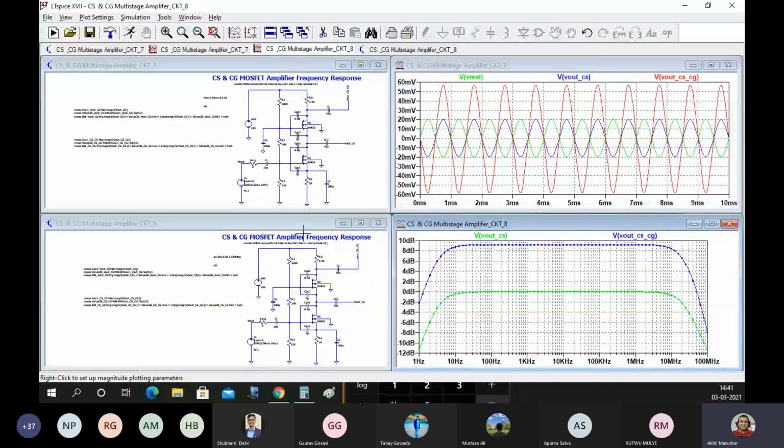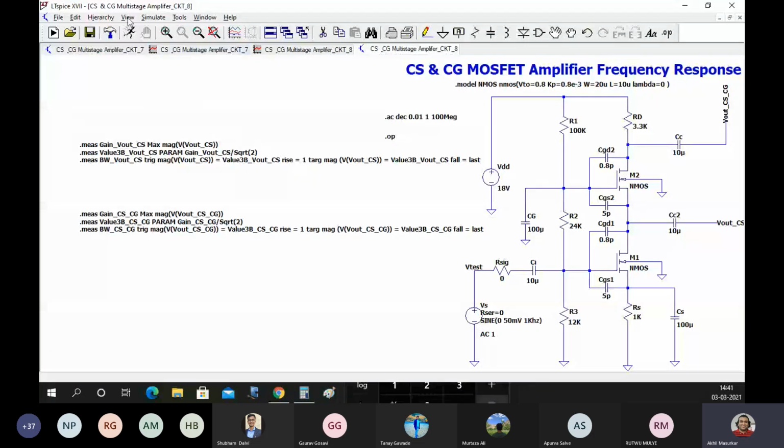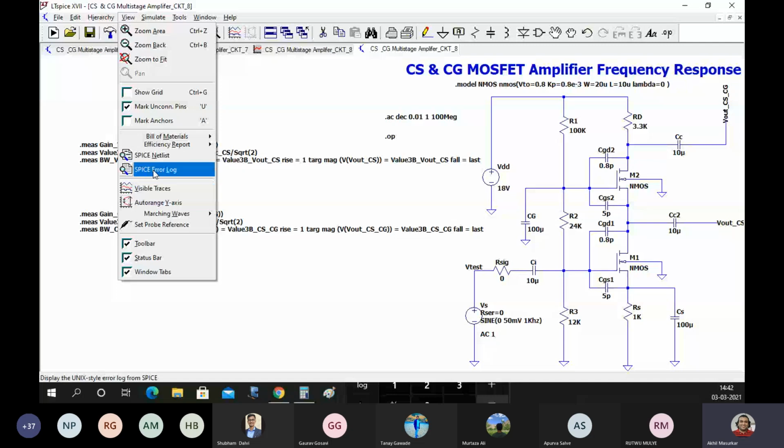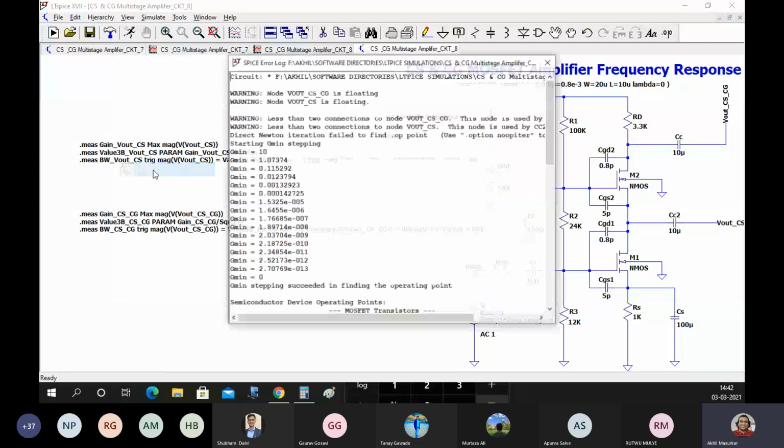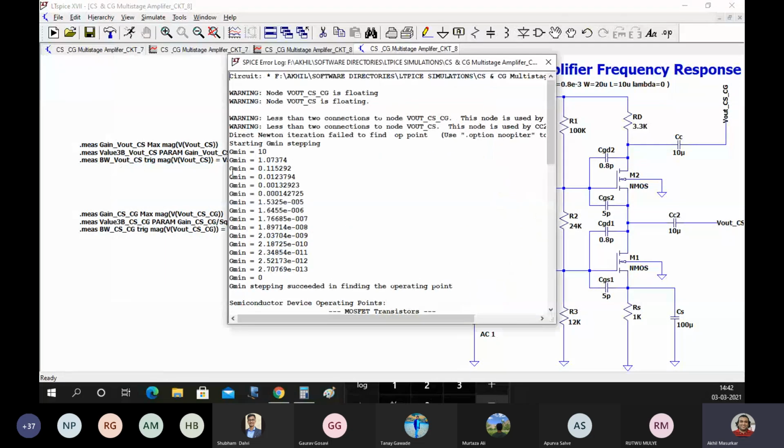Okay, Ritvij, yes, output is correct. Also just wait. Now let us look at only the first circuit, that is this one with a dot AC inside it. Now I also want you to show me the SPICE error log. I want to see these ID values, VGS and these values.